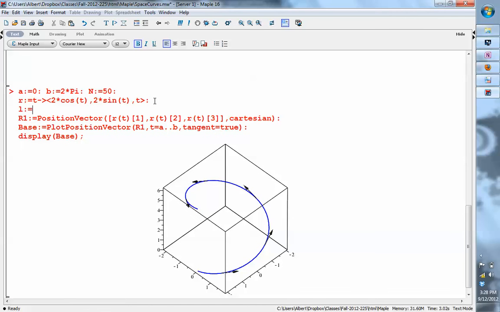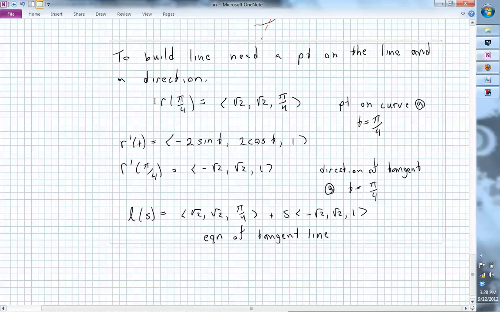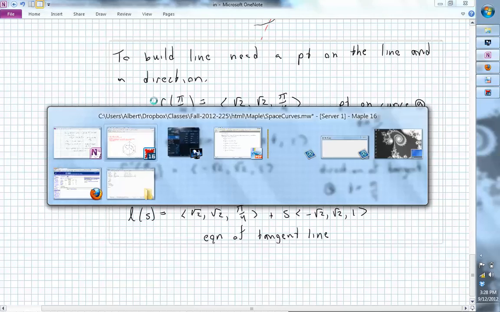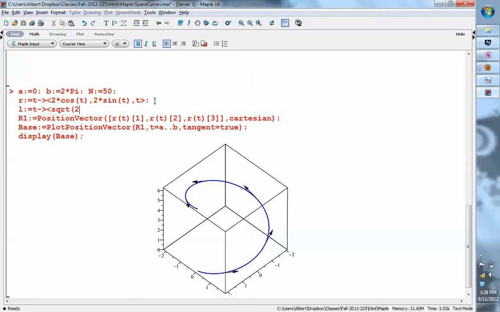L is the function that goes to square root of 2, square root of 2, pi over 4, plus t times negative square root of 2, square root of 2, and 1.